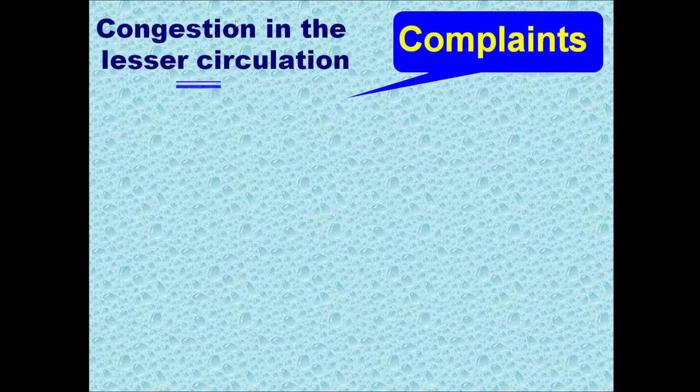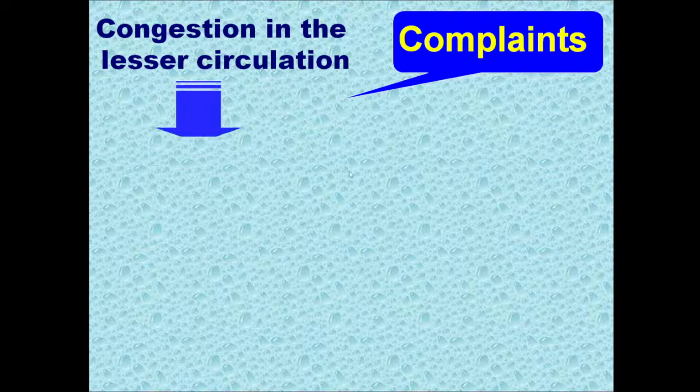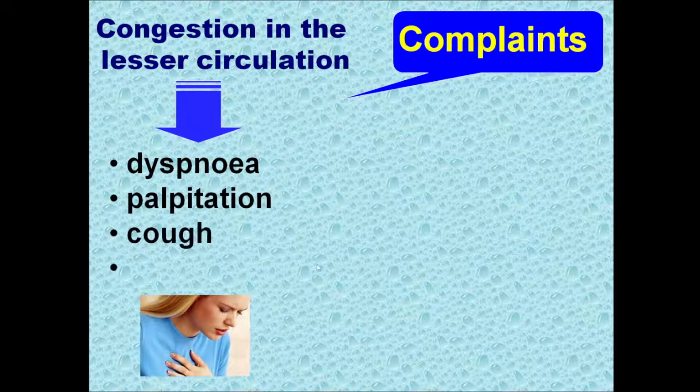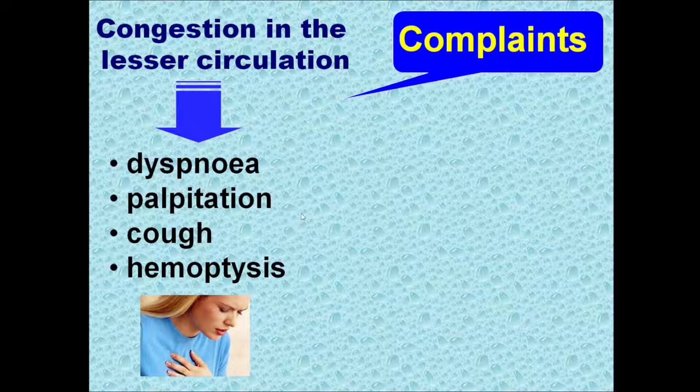Congestion in the left circulation is characterized by dyspnea. Then, due to progression, the patient complains of cough and hemoptysis and palpitation as a compensatory response to decreased heart stroke.